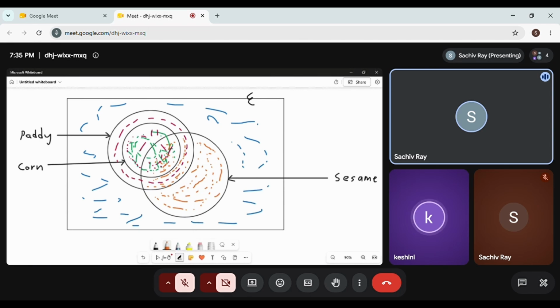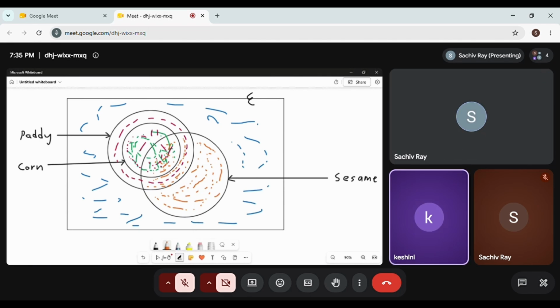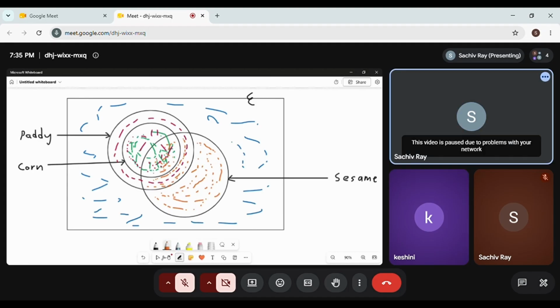B. What is B? Farmers who cultivate only paddy and corn. Where is that? Now think of it like this, okay? The outline of the circle has different pieces. The pink only part you can see, right? That's a different part. Pink and green part is a different part. Pink, green, and orange is a different part. Pink and orange is a different part. Orange is a different part.